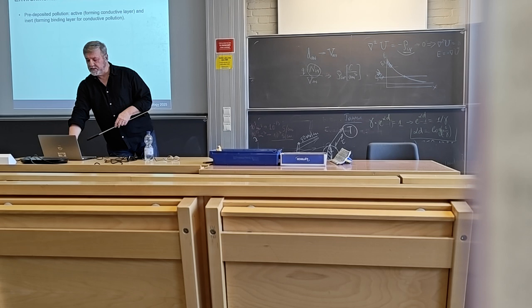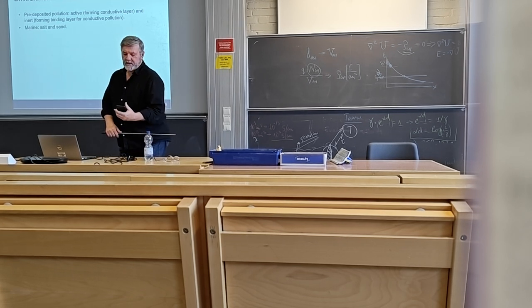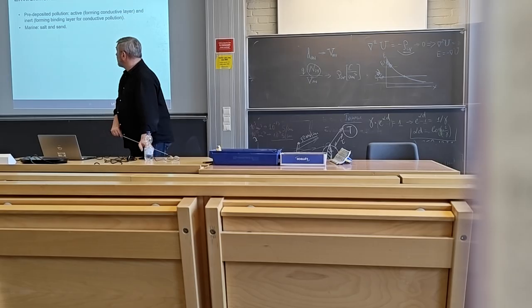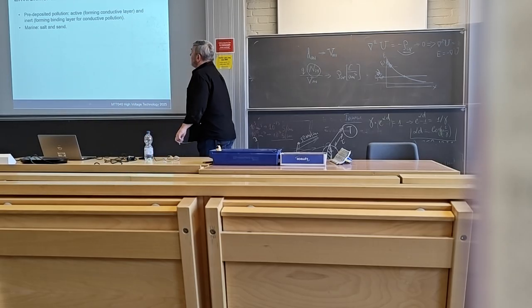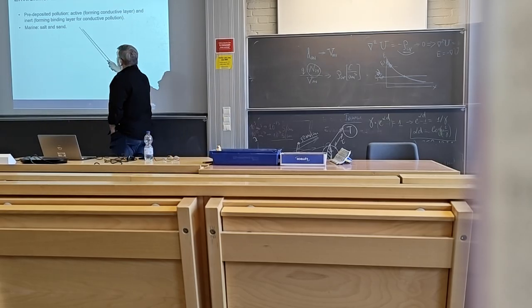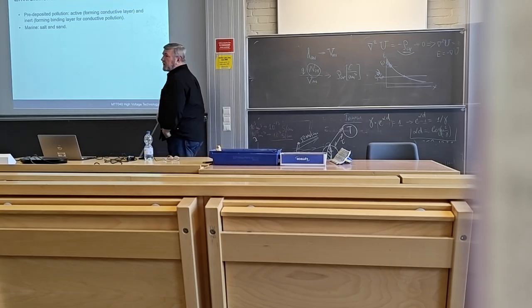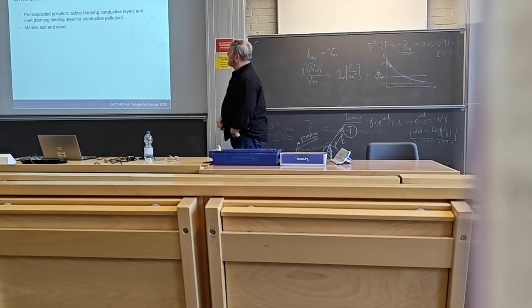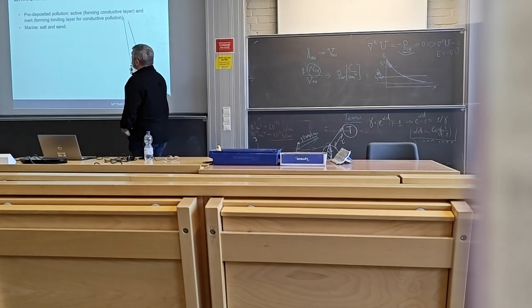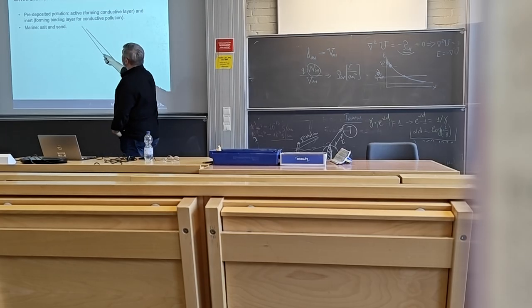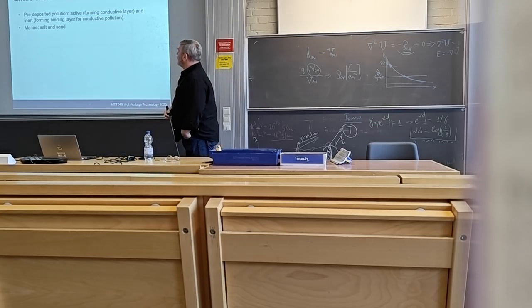So if these things are working outdoor, you always have external contaminations. What can it be? Yeah, active, which form a conductive layer. That's the important thing. And it can be inert, forming binding layer for conductive pollutions.